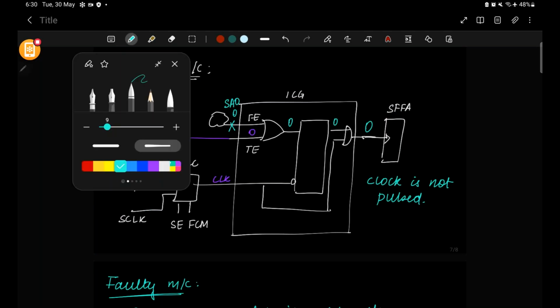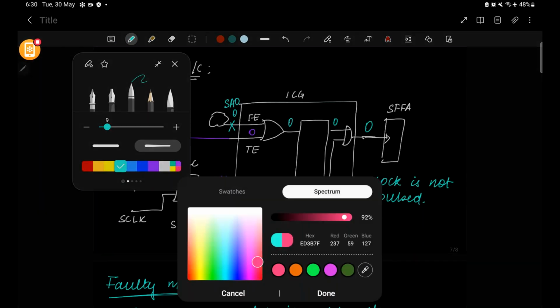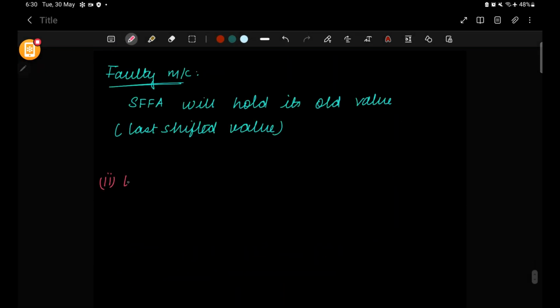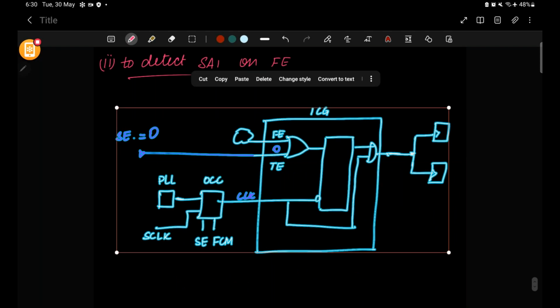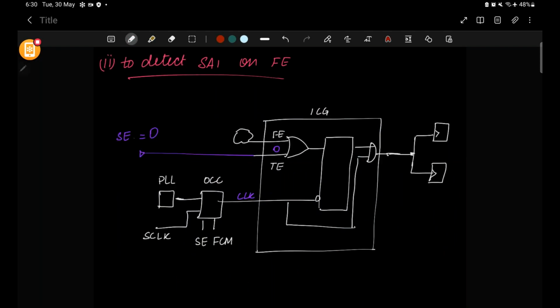Same way, if you want to detect stuck at 1 on functional enable, it will be like this. So good machine simulation, what will happen?